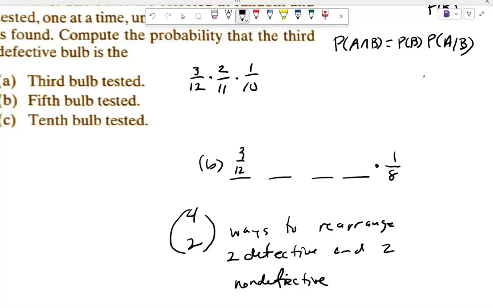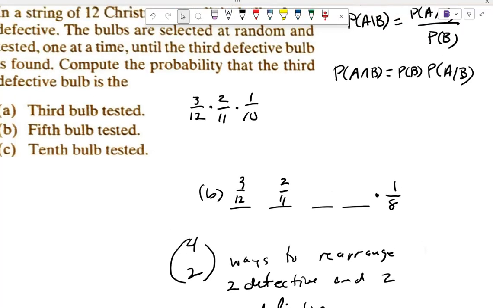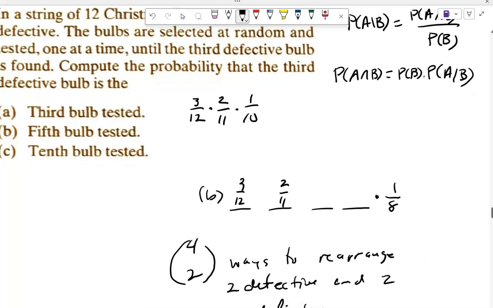Second blank will be 2 out of 11. Third blank will be 9/10, wouldn't it? Because we do defective, defective, not defective, not defective. So it'd be 9/10 and 8/9. Yeah, because there's 3 defective and 9 aren't.